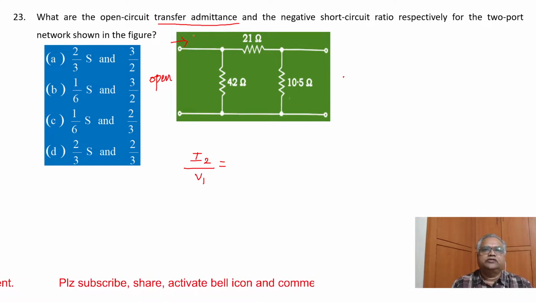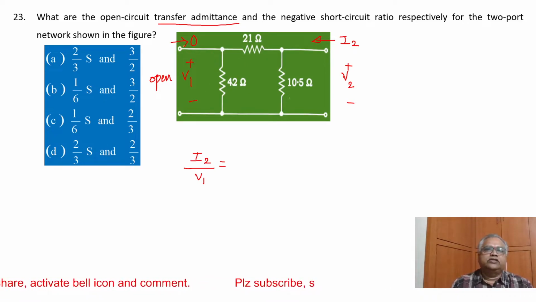This current is 0 anyway. Here V2 is applied. Then I2 will come. And this voltage is V1. Now this current is 0. Observe carefully. What is entering here? I2. I2 is dividing between, some current will flow in this path, some current will flow here.